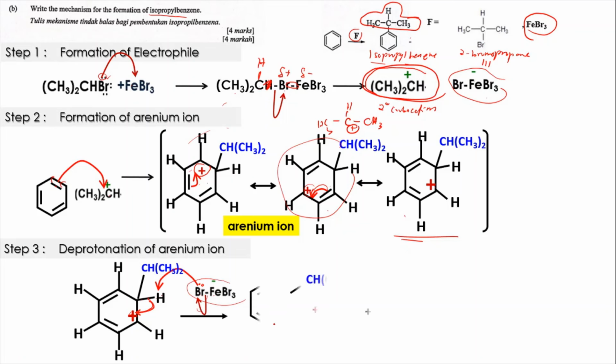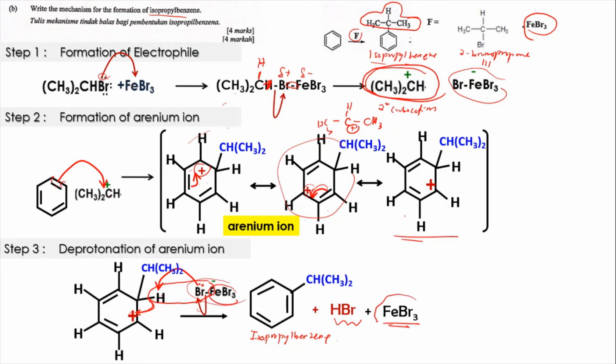So as a result, I'm going to get a benzene ring with three carbon-carbon double bonds, and CH3 2 is going to be attached here, which refers to the isopropyl benzene. Okay, and then Br and H are going to be attached together in order to form HBr, and then FeBr3, which is acting as a catalyst, you will get it again.